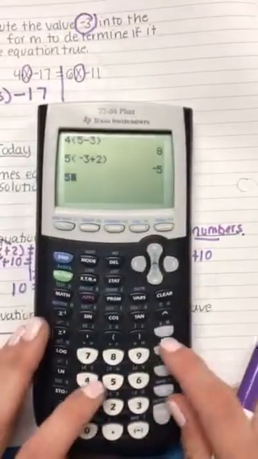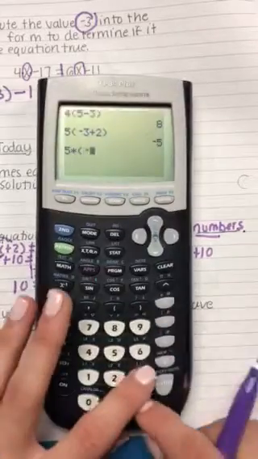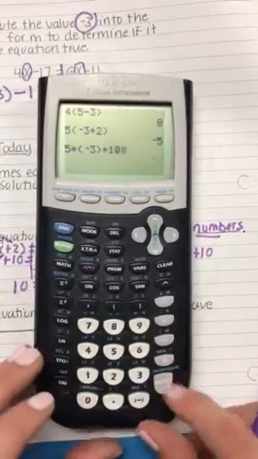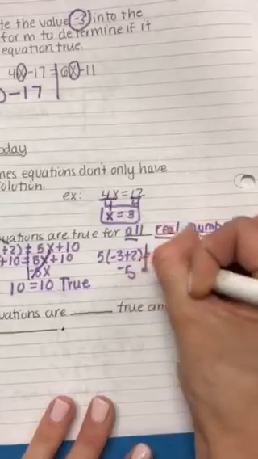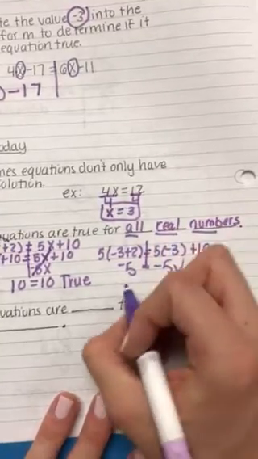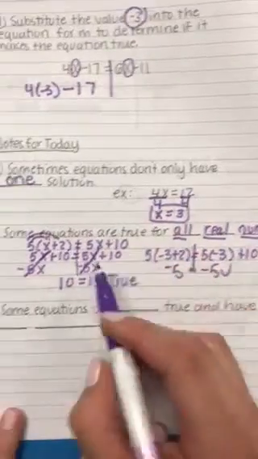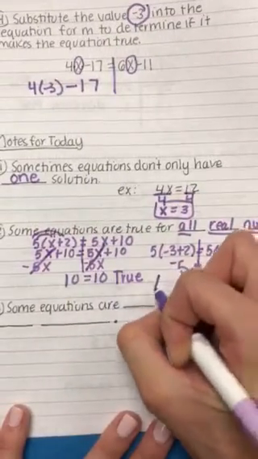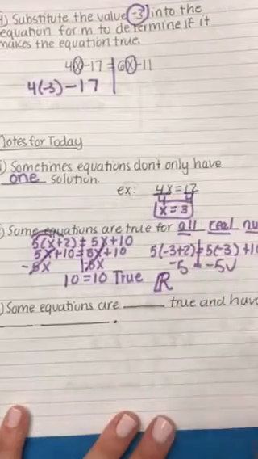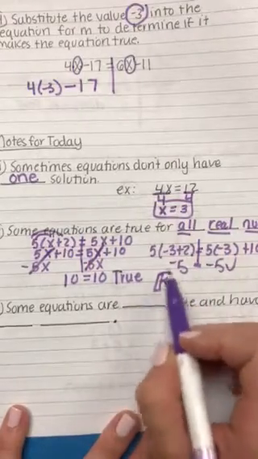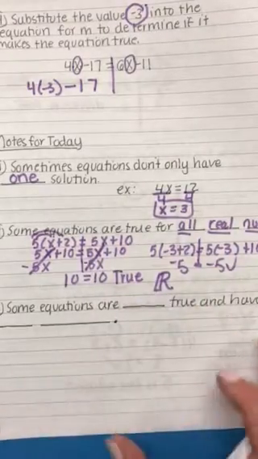And then 5 times -3 plus 10 is -5. So notice, -3 is a solution. And no matter what number you put, every number in the world is going to work on this equation. So that means it's all real numbers. And sometimes you'll see this R, which means every number in the world is the solution.